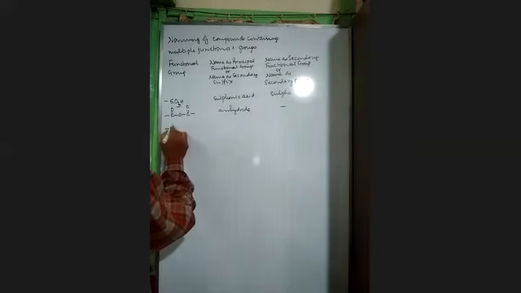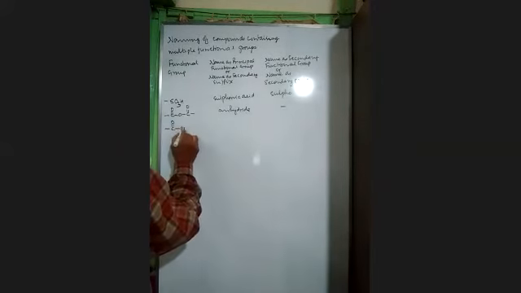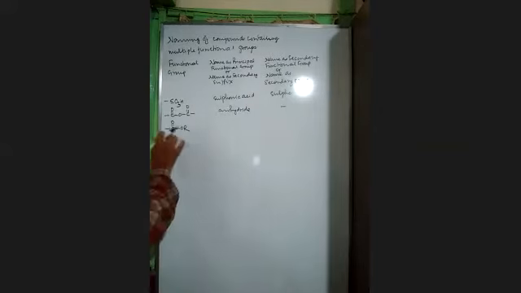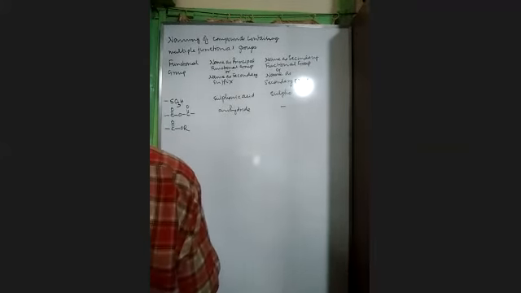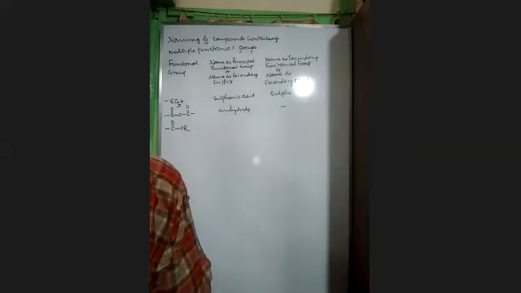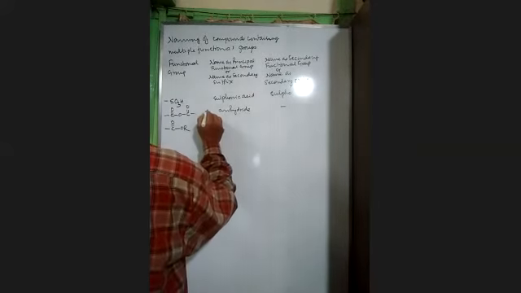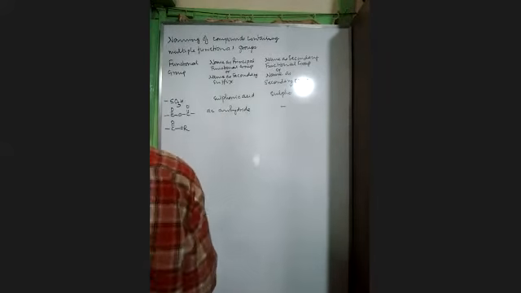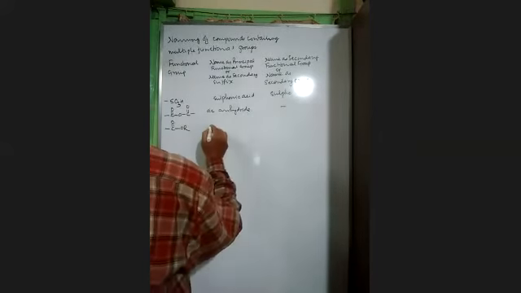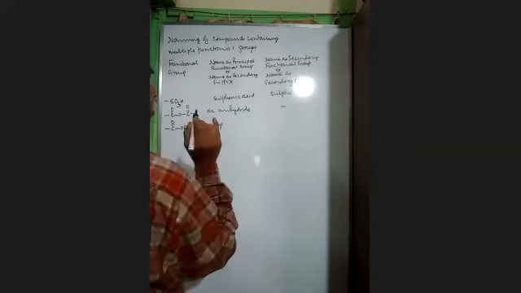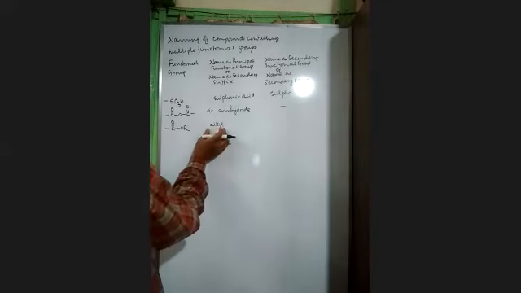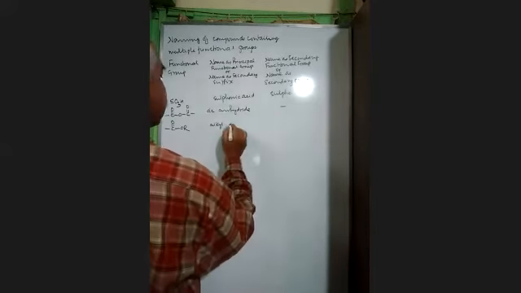Now see here. This is ester. So for ester, what do you write? First we write the alkyl group, remember? First we write this alkyl group, then after that we give a gap.